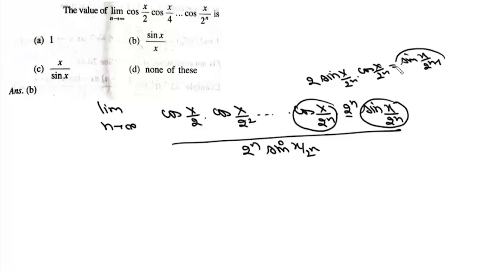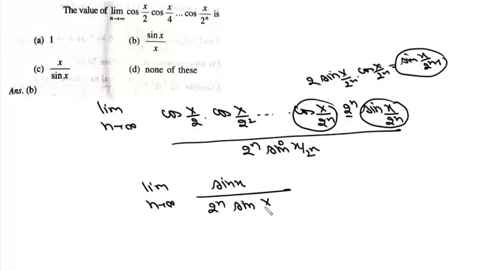So what will happen is we'll keep getting this formula for sine 2x, which in the end will be 2 cos x by 2 and sine x by 2, which is nothing but the limit as n tends to infinity of sine x upon 2 to the power n sine x upon 2 to the power n. Now as n tends to infinity, 2 to the power infinity is infinity, so this is infinity into 0 form.